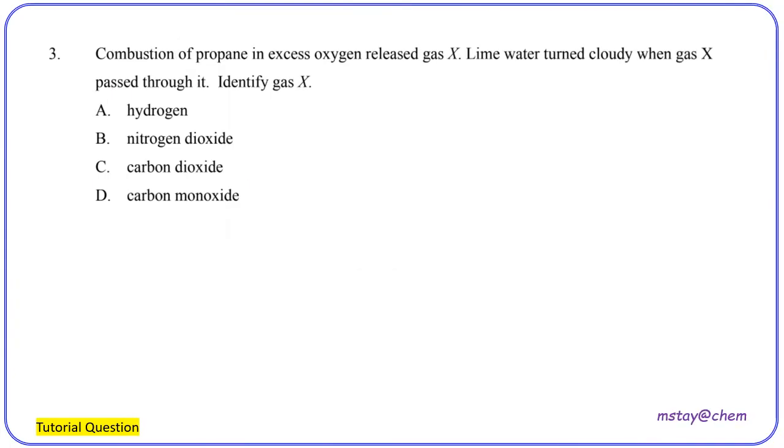Last question that we will discuss in this video: combustion of propane in excess oxygen releases gas S. As we know, excess oxygen will produce carbon dioxide and also water, and limewater turns cloudy. So again we can double confirm our answer, which is that gas S is carbon dioxide gas, and the correct answer is C.